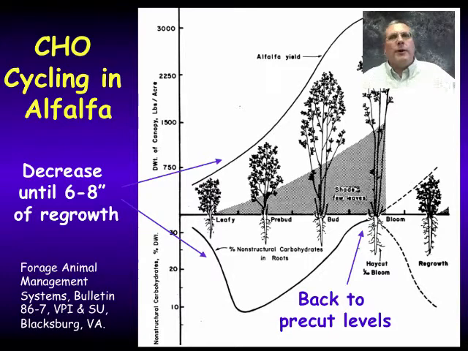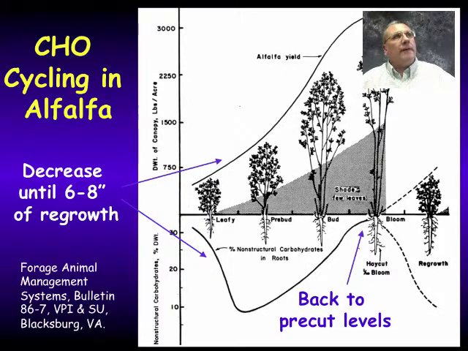What happens at that point is that the photosynthetic factory is large enough that it's fixing through photosynthesis more sugars and carbohydrates than are needed for growth and maintenance of that plant. So the extra ones get shifted back into storage, so the non-structural carbohydrates in the taproot of that plant start to increase. And by the time we're ready to cut that field again, in about 30 to 35 days, we're back up to pre-cut levels in terms of stored carbohydrates in that taproot of the plant.